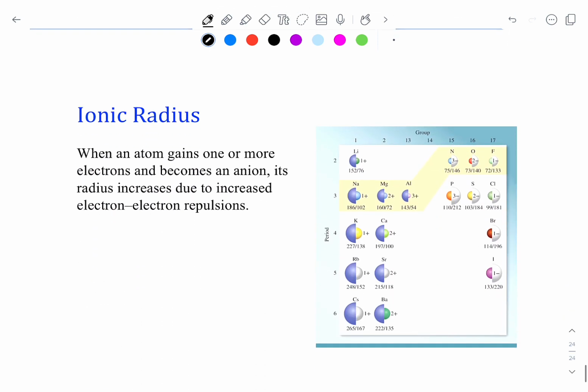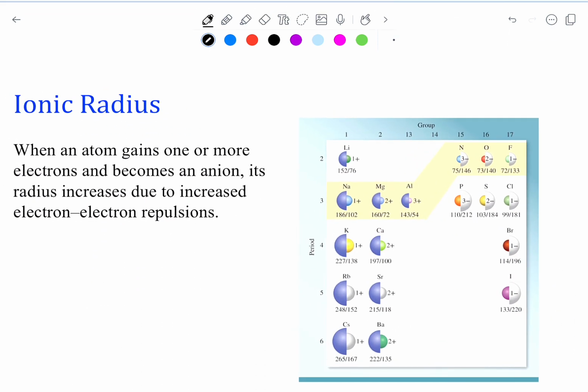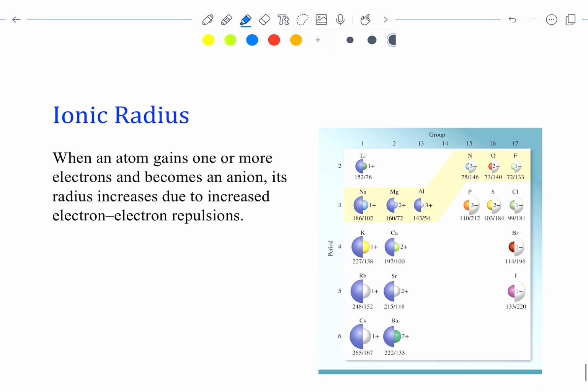Now, when an atom gains one or more electrons and becomes an anion, so we're making an anion, so we're looking at our non-metals over here, groups 15, 16, and 17, or 5A, 6A, and 7A. The radius is going to increase because we're increasing our electron-electron repulsions.